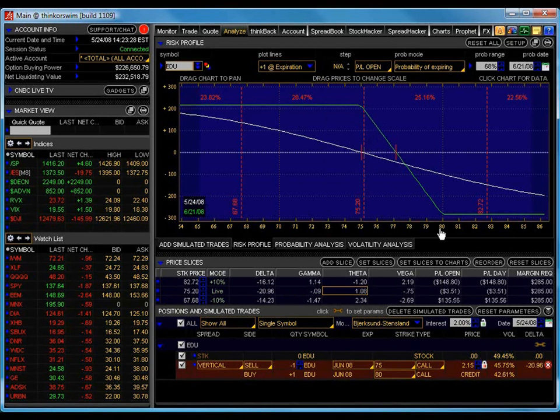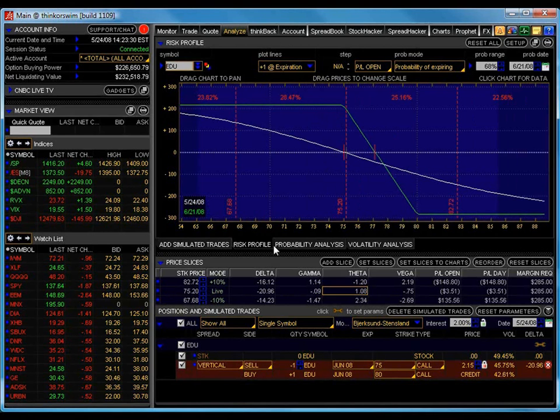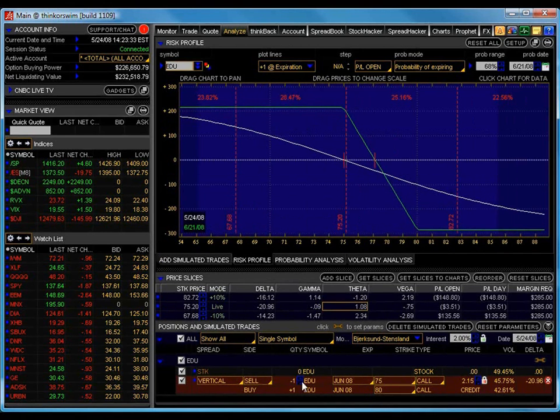If we take a look at this profit picture, this is a graph of this particular spread, and it gives us two lines by default. One line, the green line, is what our maximum loss and our maximum profit would be at the expiration of this spread.